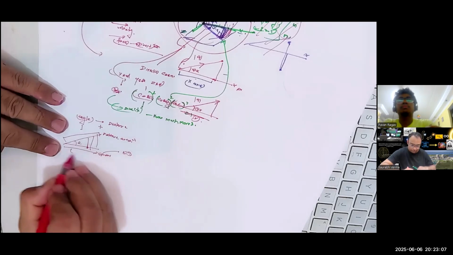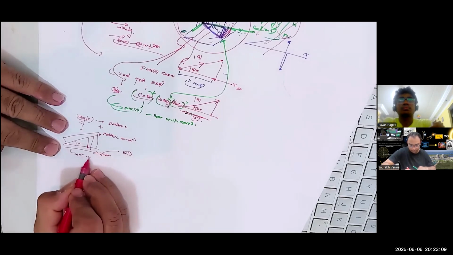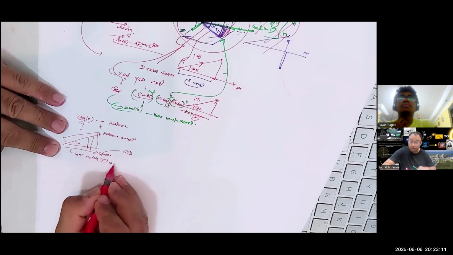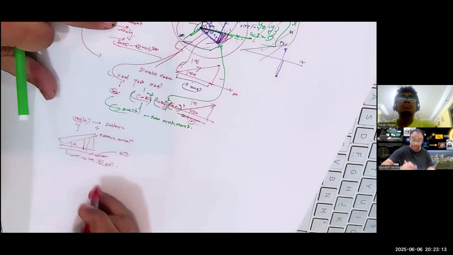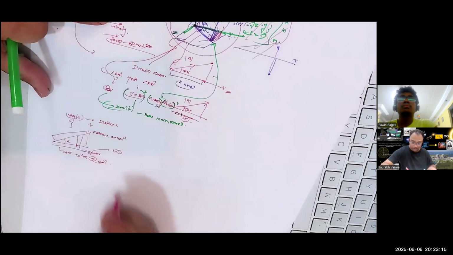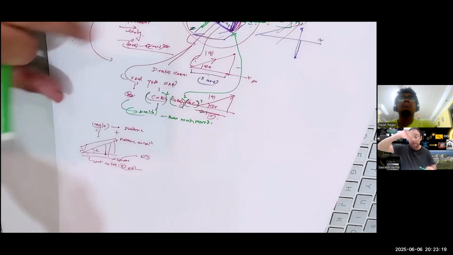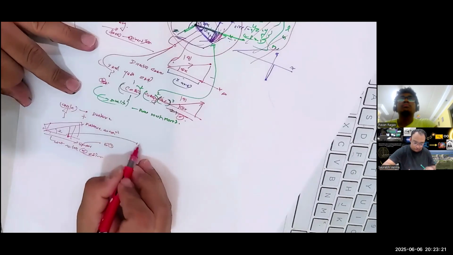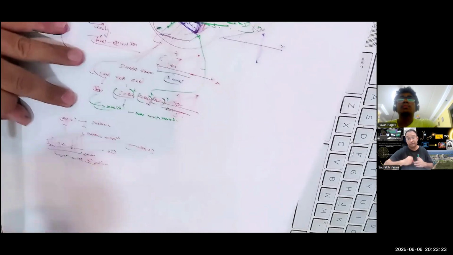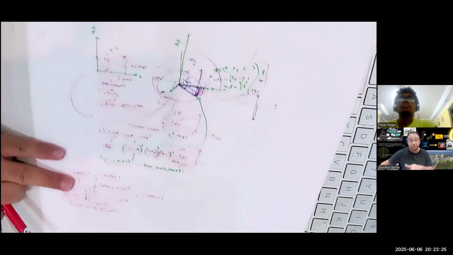This is my unit vector for x. So according to the x axis it's 5, according to the y axis something else, according to z something else. So in space I have to find it. Understood that part?